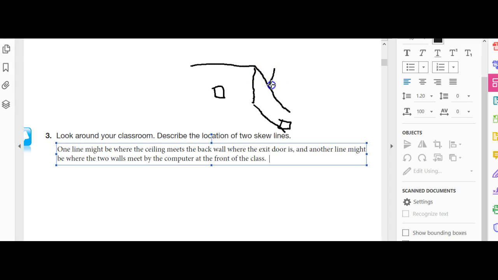And so I have this wall right here, that is one line, and then I have this line right here. So this would be the front of my class over here where the projector is, right? The screen up here on the whiteboard, this is my desk over here, where the computer is or whatever. And this line right here represents another line. The 2 of them are skew. They will never touch, and that's because they are not coplanar. They do not exist on the same plane. Okay?